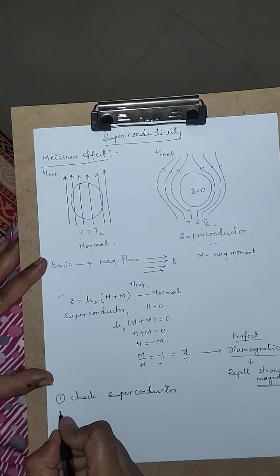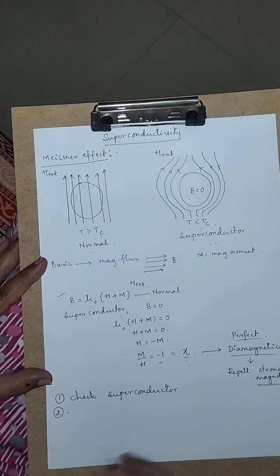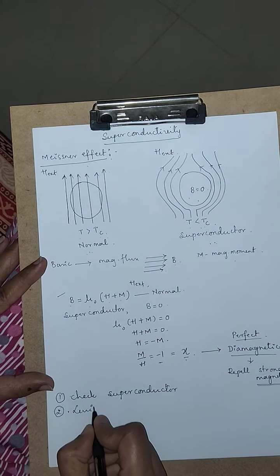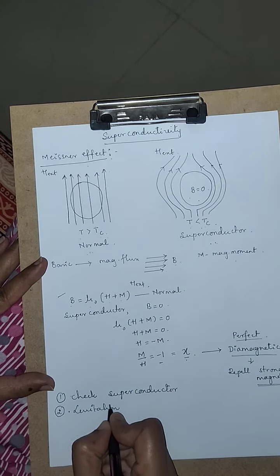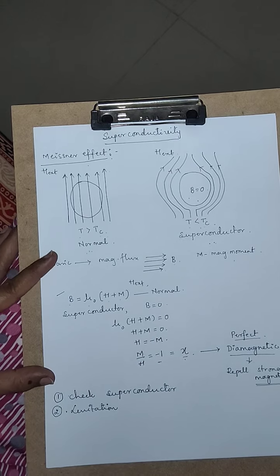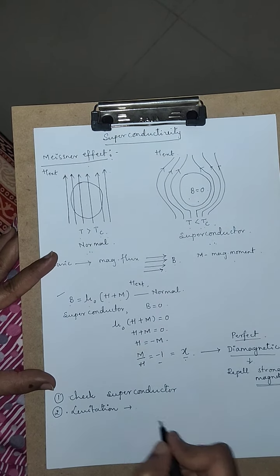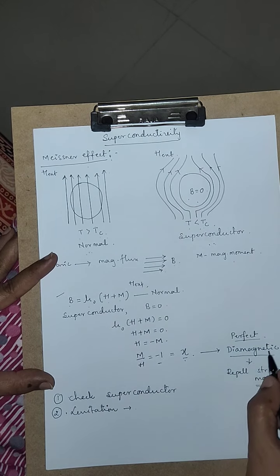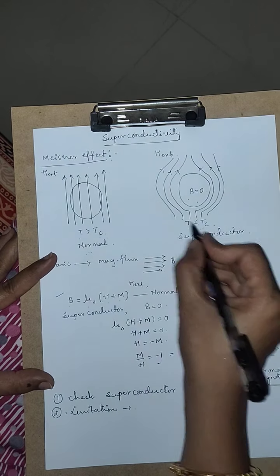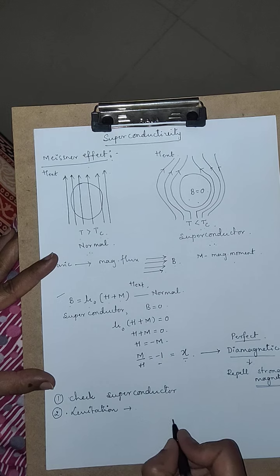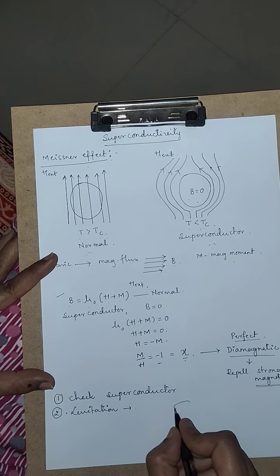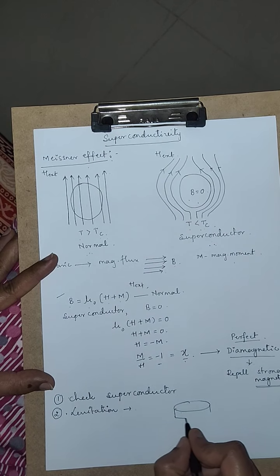Also, it has a very important application in the phenomenon known as levitation. Levitation happens whenever such superconducting diamagnets, produced due to the Meissner effect, are brought in contact with a magnet. For example, this is a strong magnet kept here.